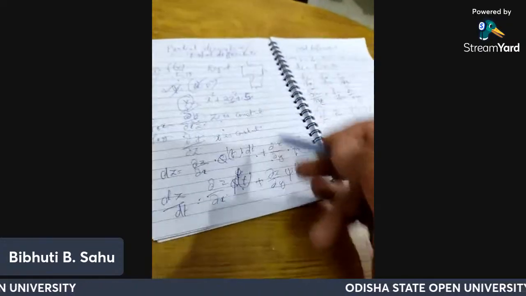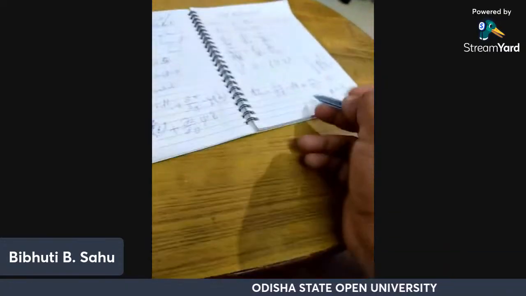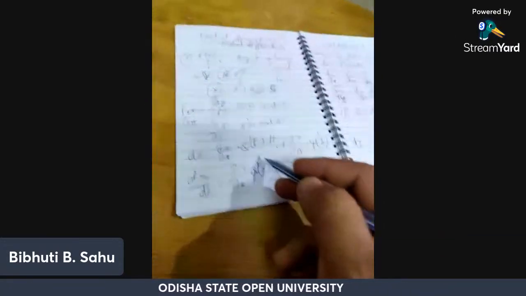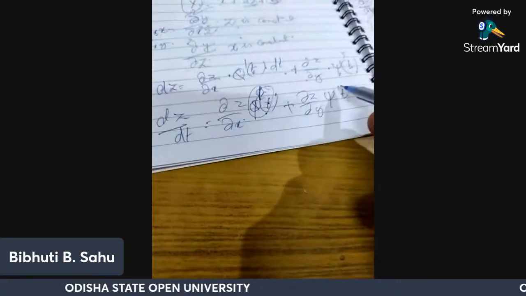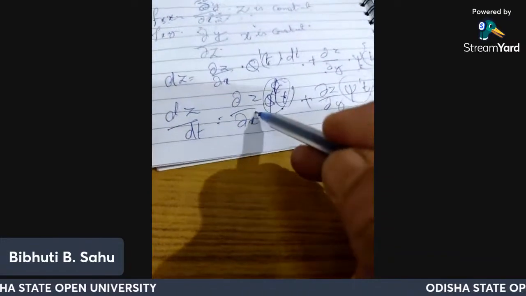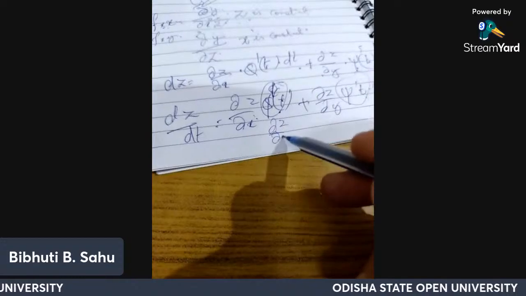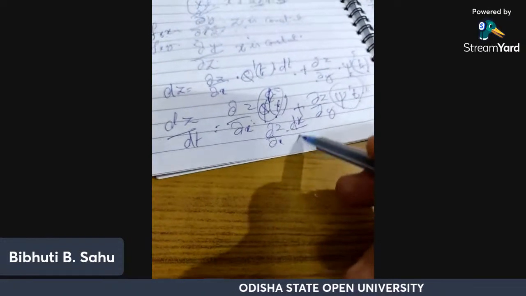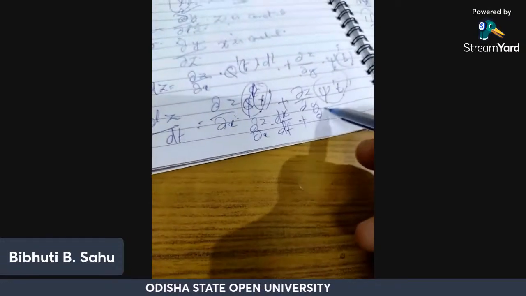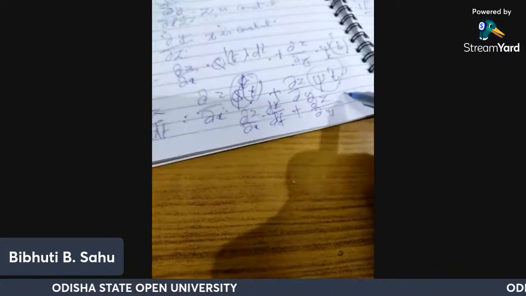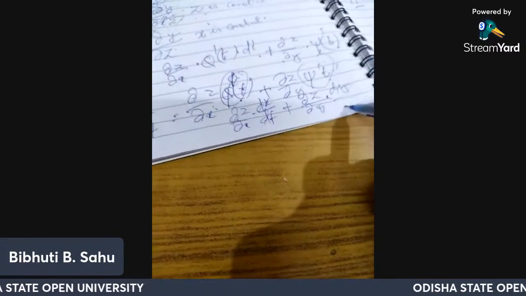And again, we can write phi prime t as dx by dt and f prime t as dy by dt, so dz by dt is del z del x into dx by dt plus del z del y into dy by dt.